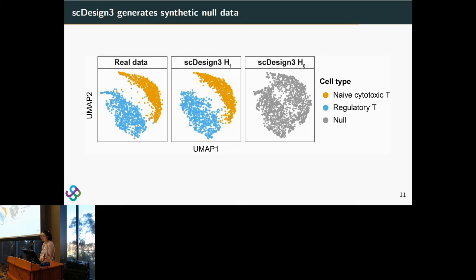And then we can also simulate this data under the null hypothesis that the cells are from one homogeneous population instead of the two cell types. In here, in the synthetic data, we are filling the gaps between the two distinct cell types from the reference data. So they look like they are from the same homogeneous population.